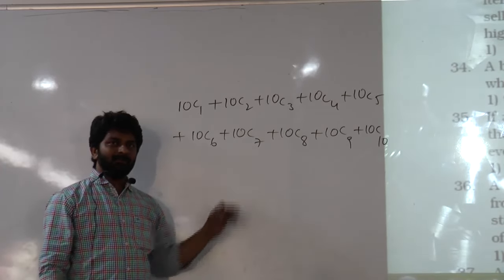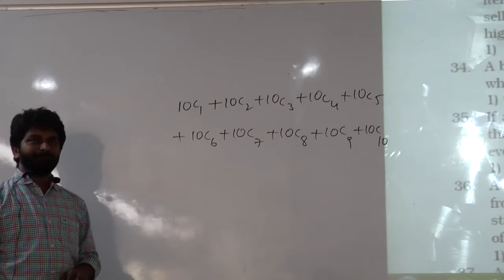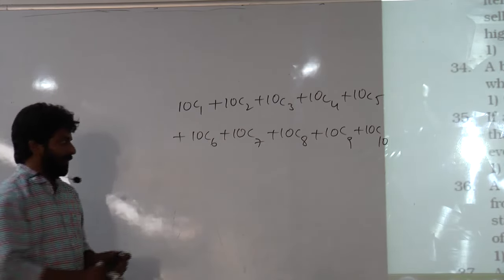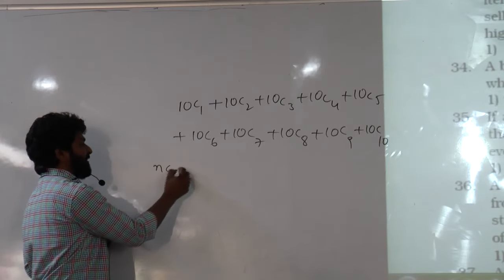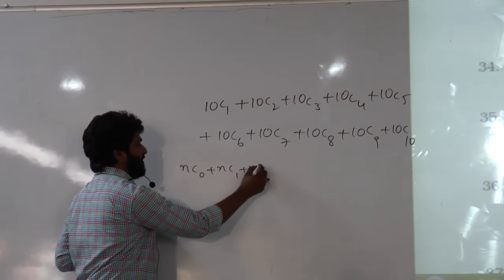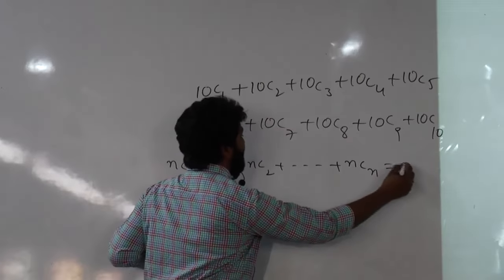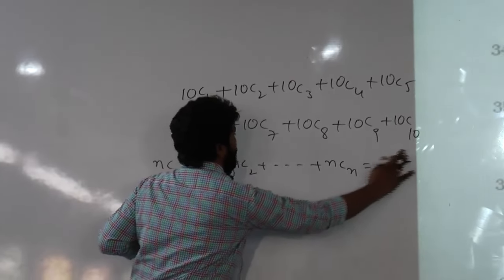Instead of doing all this, you have one theorem in permutation and combination: NC0 plus NC1 plus NC2 and so on up to NCN will be equal to 2 to the power of n.